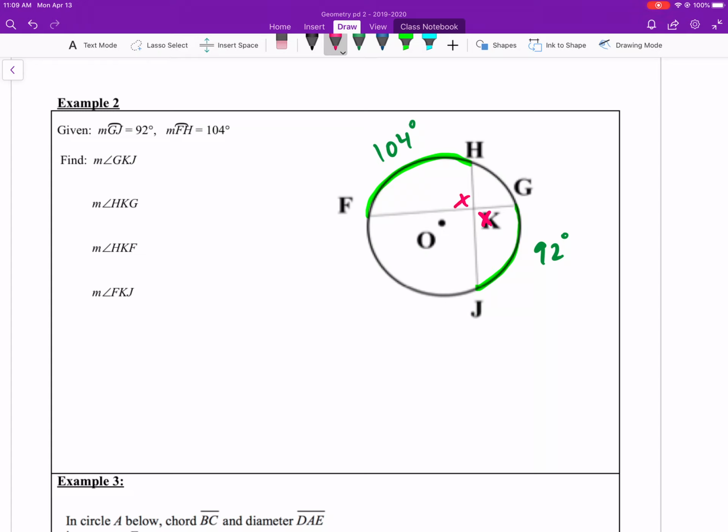Those are vertical angles. They're congruent. So there's 2 intercepted arcs that we're dealing with to find it. All right, 92 and 104 divided by 2. That comes to 98 degrees. So in here now we have 98, 98. They're vertical angles, they're equal to each other.